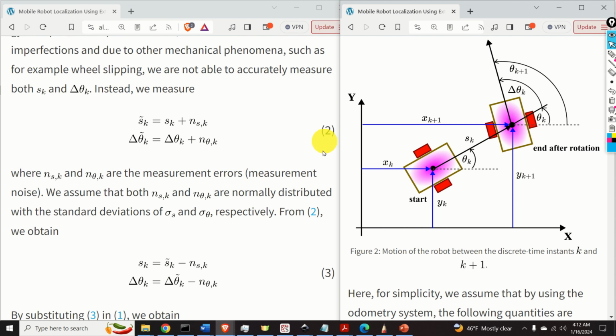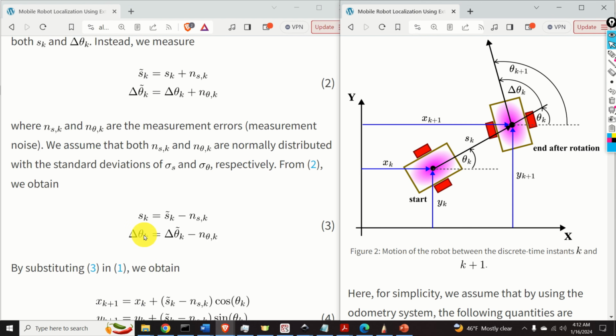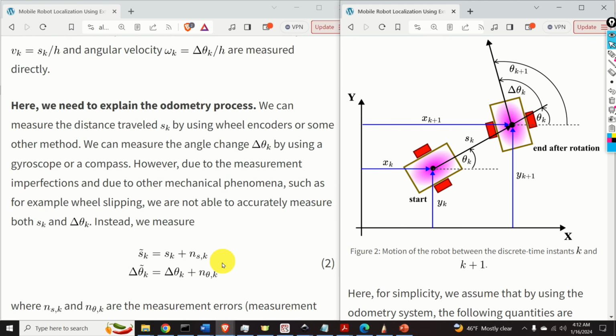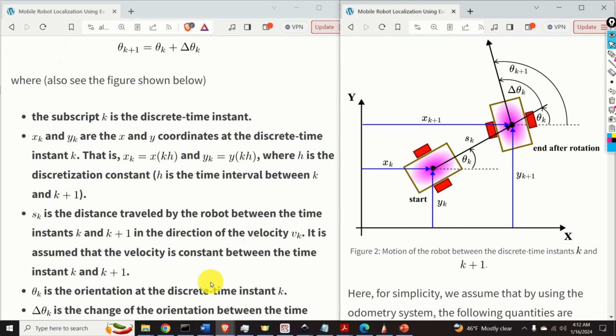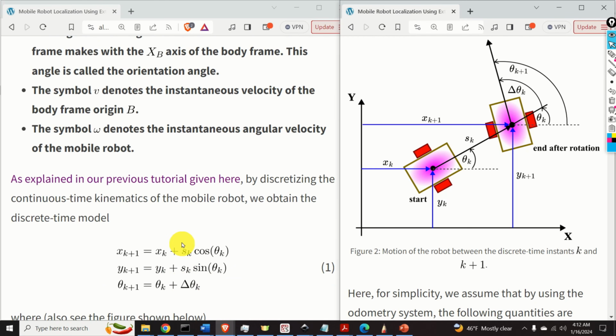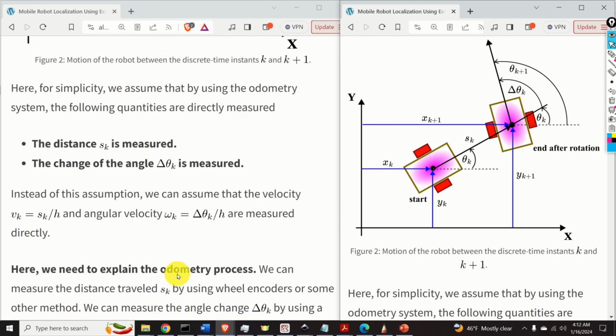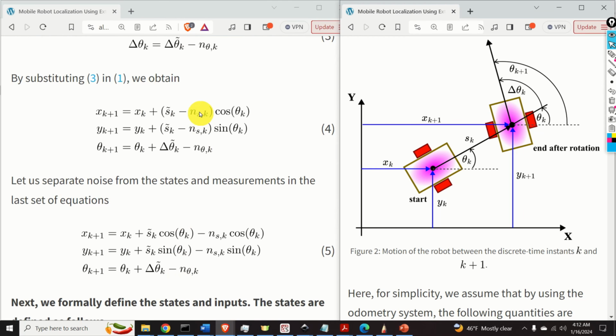From this equation, we can express the true values of sk and delta theta k like this. Next, we can substitute these two equations in our kinematics model given over here. And as the result, we obtain this important equation.